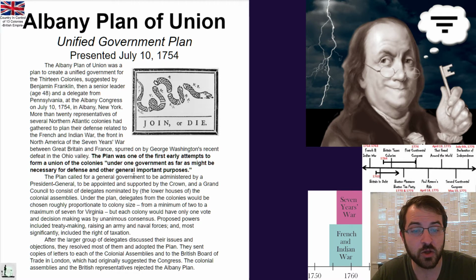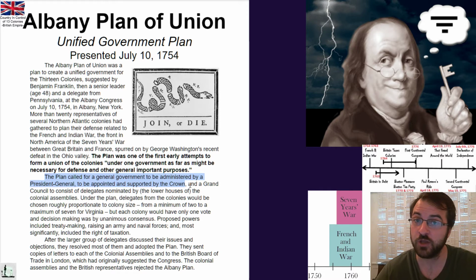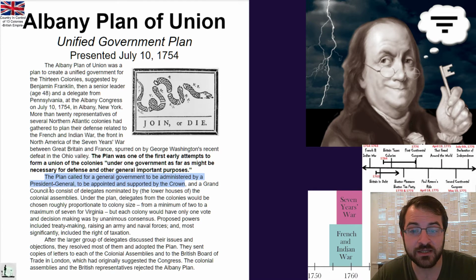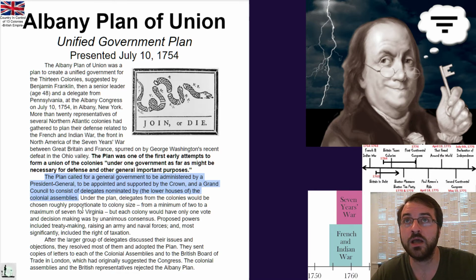The plan called for a general government to be administered by a president general, to be appointed and supported by the crown. So this government would work for the King of England, and a grand council to consist of delegates nominated by the lower houses of the colonial assemblies. So a council made up by popular vote.